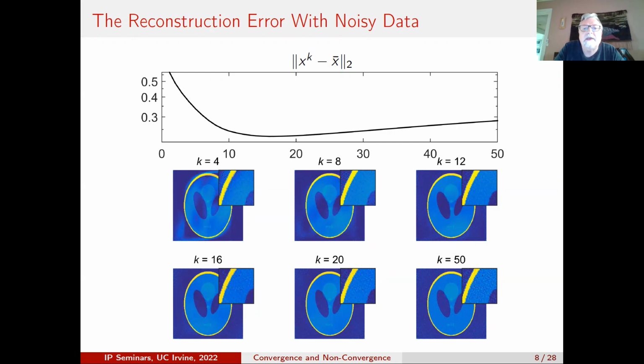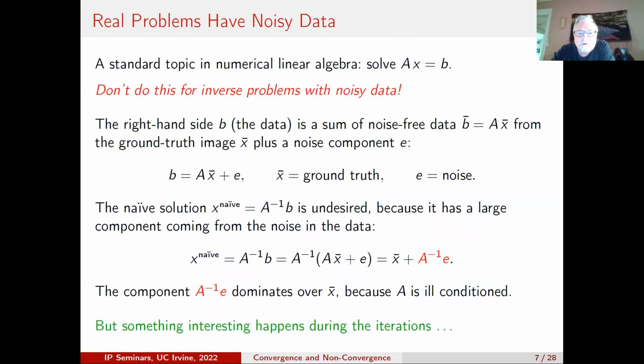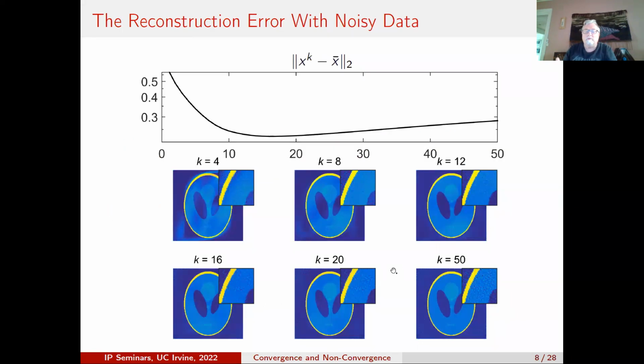And x_k is my iterate when I apply an iterative method to a problem with noisy data. And what you can see here is that first the reconstruction error goes down, and then it starts to increase again. So initially it moves towards the exact solution, and then it deviates again, because eventually this method here will converge to this naive solution here that we don't want. But along the way, it seems to be doing quite well here.